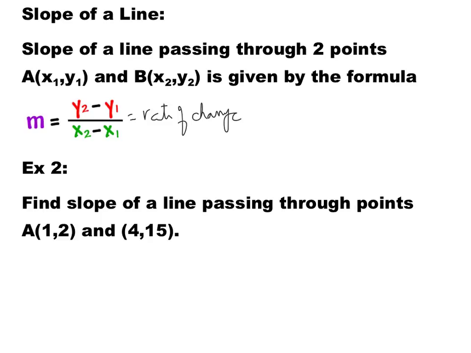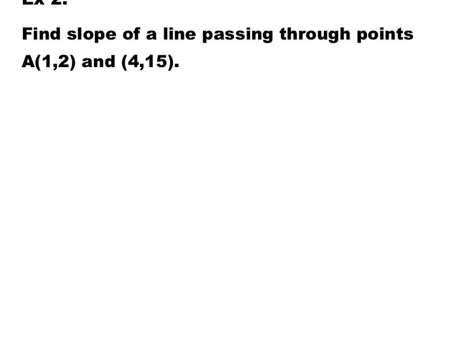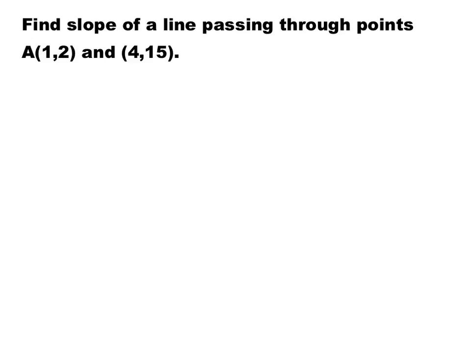The next example that we are going to look at is to find the slope of a line that goes through 2 points 1 and 2 and 4 and 15. So we say the slope is equal to m, which is rate of change, which is equal to y2 15 minus y1 2 over x2, which is 4, minus x1, which is 1.